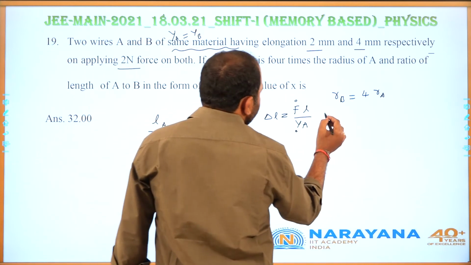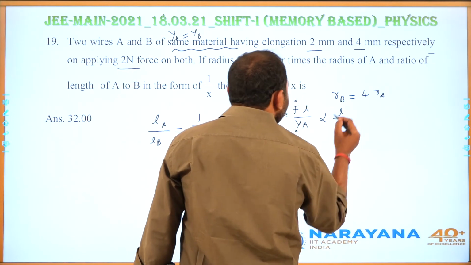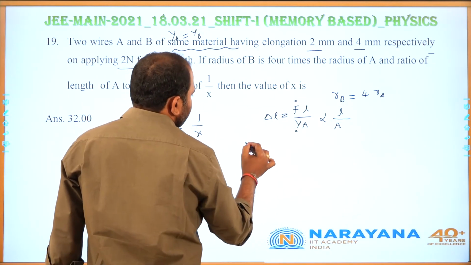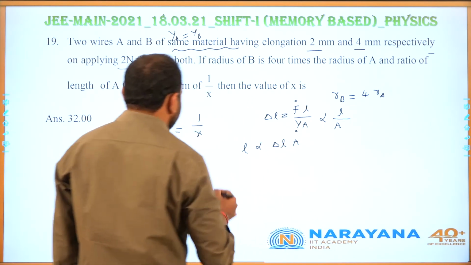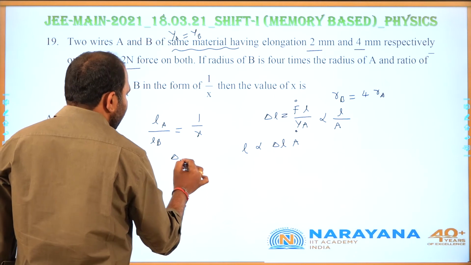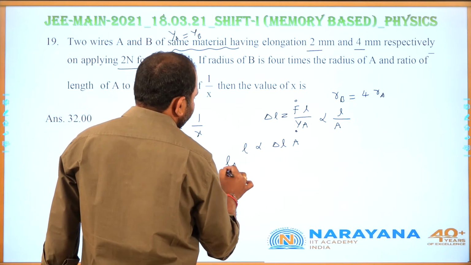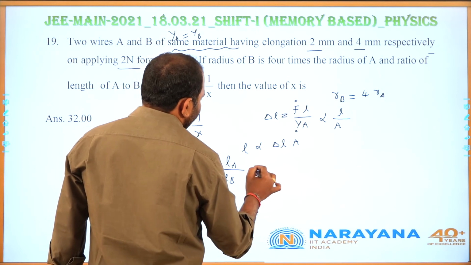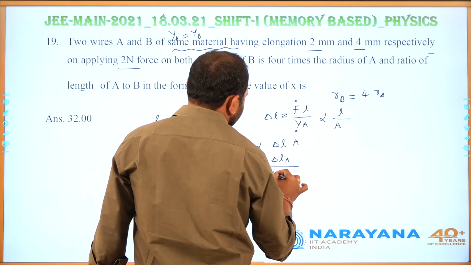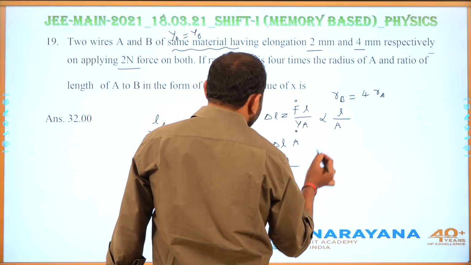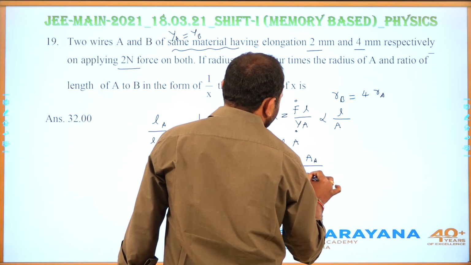Then delta L depends on length by cross section area, or rewriting it for L, L is proportional to delta L into area. Now he is asking L of A by L of B. L of A by L of B will be delta L of A by delta L of B into area of A by area of B.